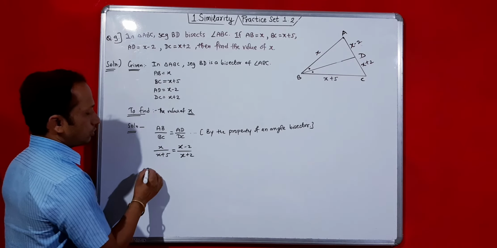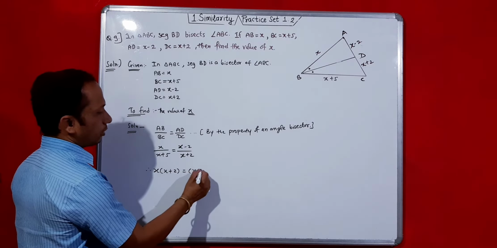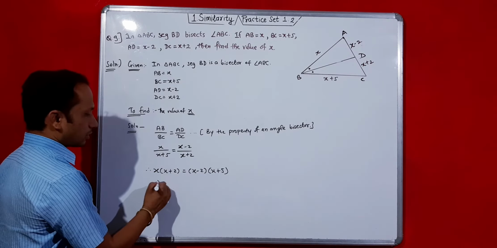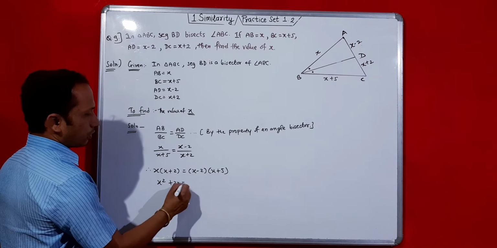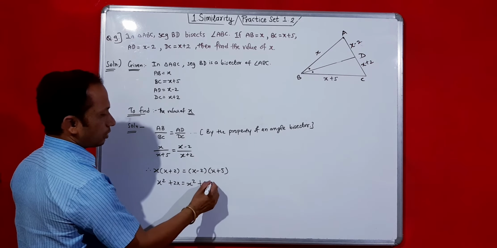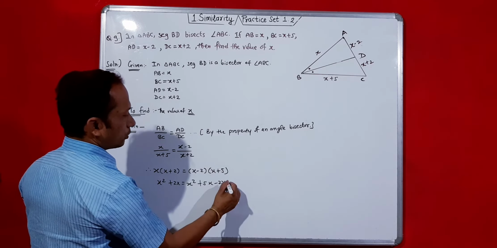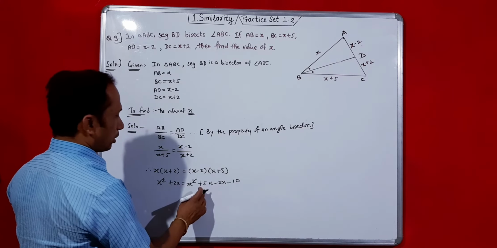Now cross multiply: x into x plus 2 is x square plus 2x, and x plus 5 into x minus 2 is x square minus 2x plus 5x minus 10. This x square gets cancelled, and now do the process.